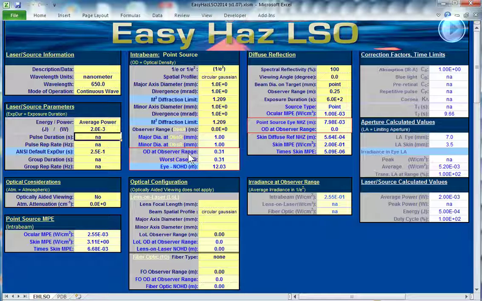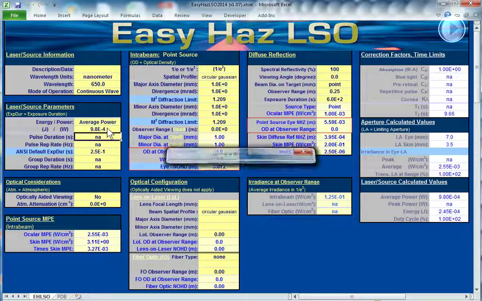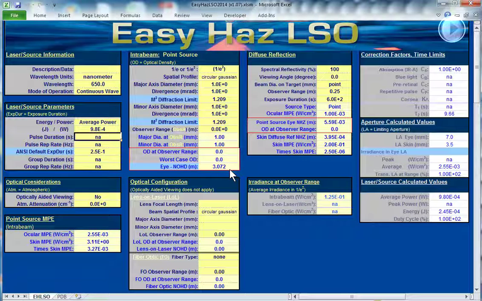We're going to see that to cover 2 milliwatts we need an OD of 0.31. For 1 milliwatt we don't need an OD, and I might tell you that the actual value for class 2 level 1 milliwatt is rounded. It's really 0.98 e to the minus 3, and that pretty much takes us down to 0.